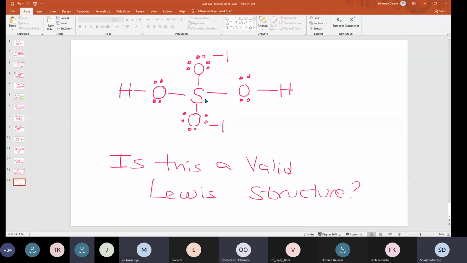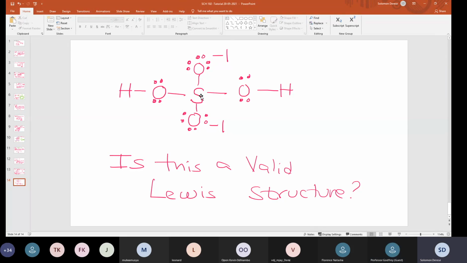Positive 2. Yes. I don't think this is a valid Lewis structure because sulfuric acid is neutral, but the structure shows that it is negatively charged.